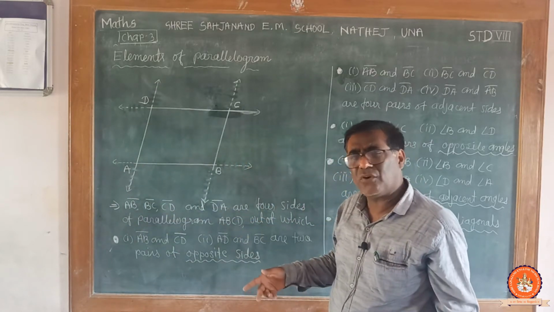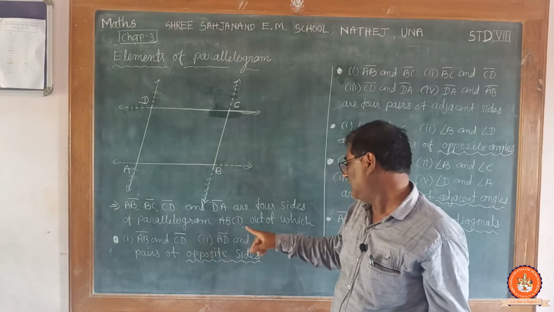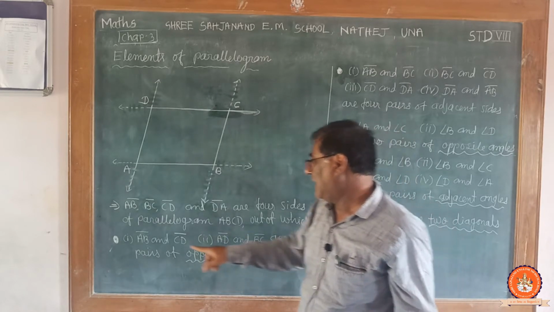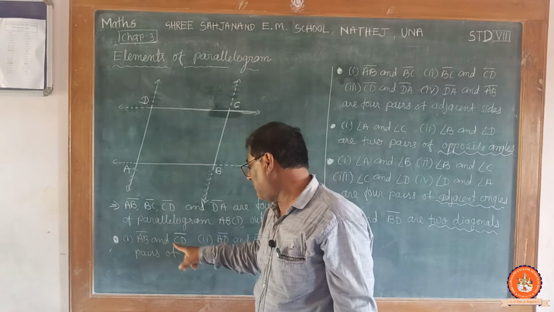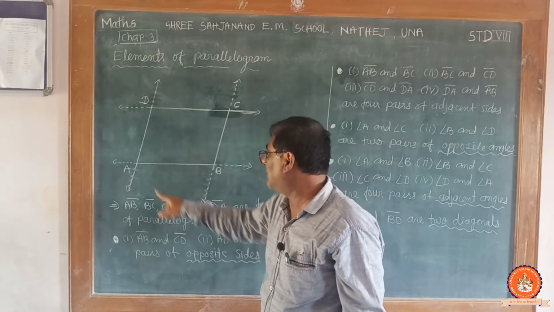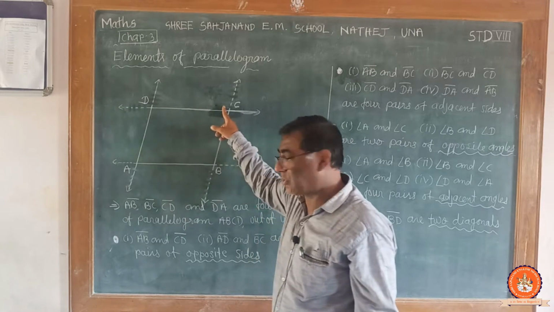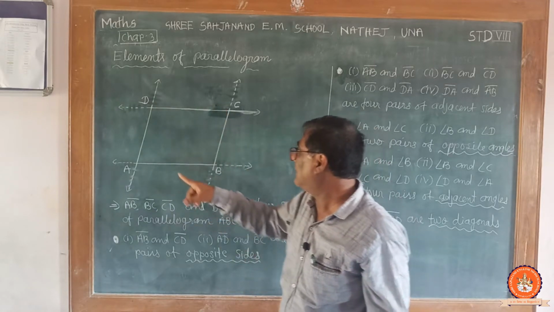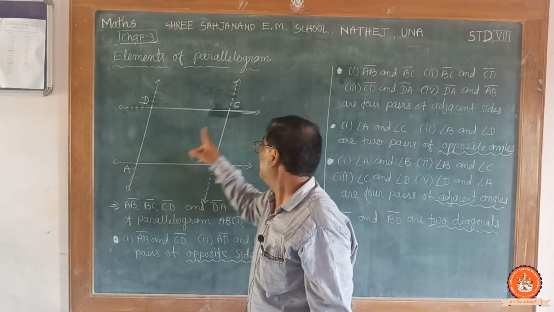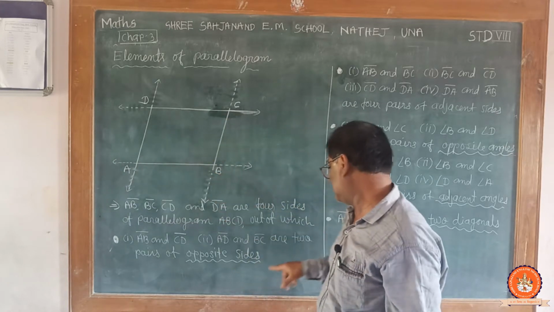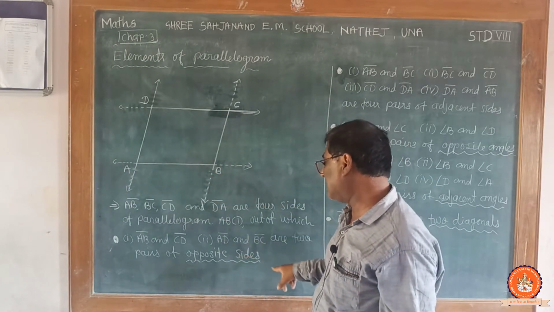So there can be four sides of any quadrilateral. Out of which AB and CD, these two line segments, and AD and BC, these two line segments, are two pairs of opposite sides.